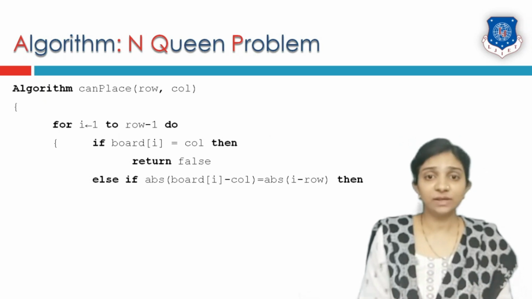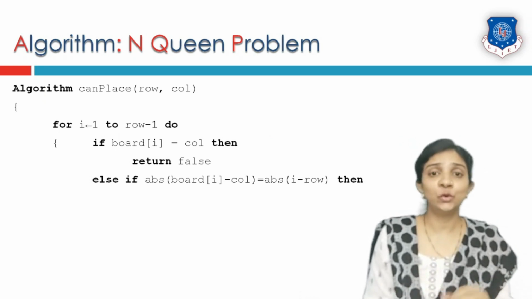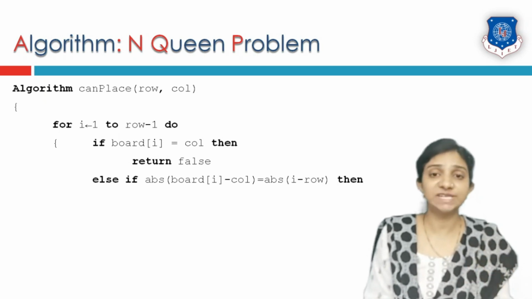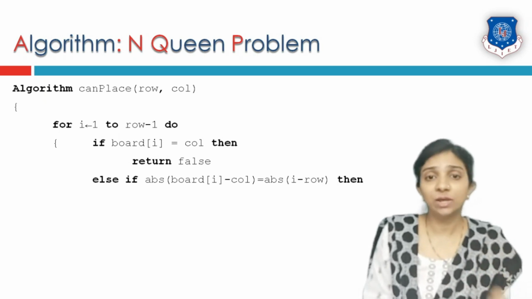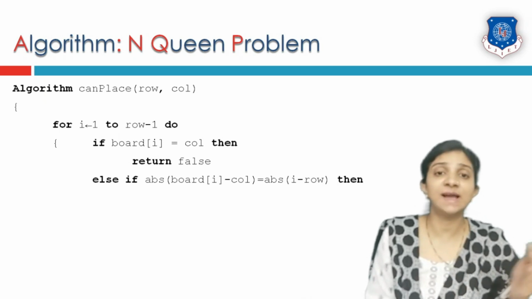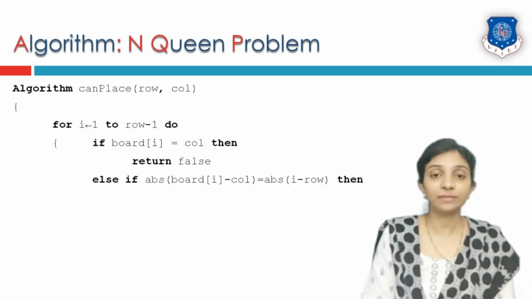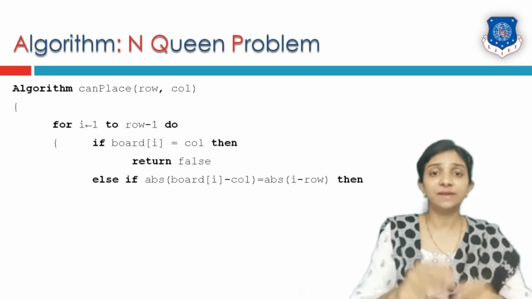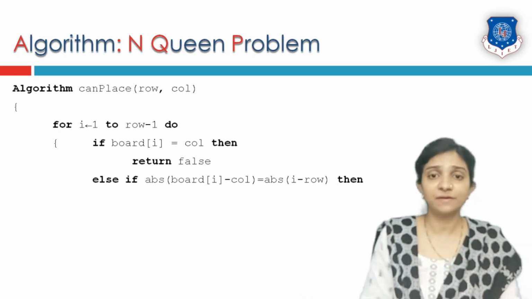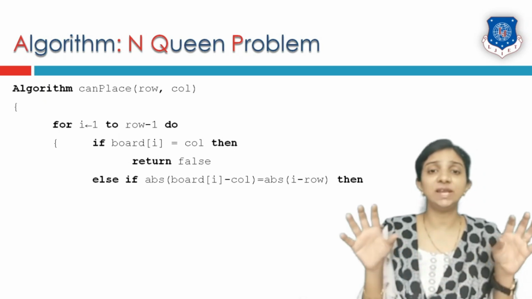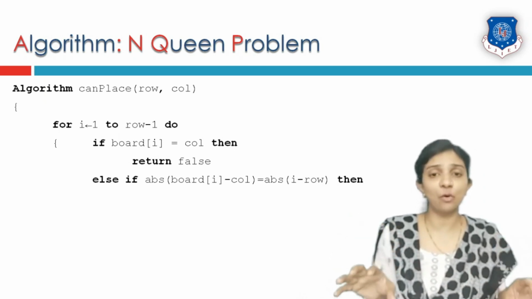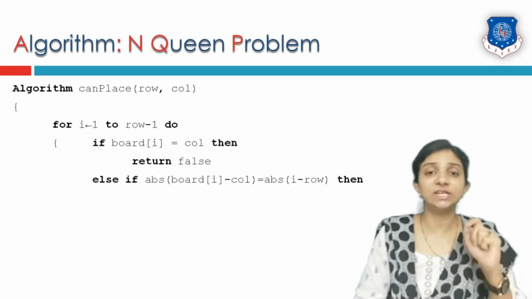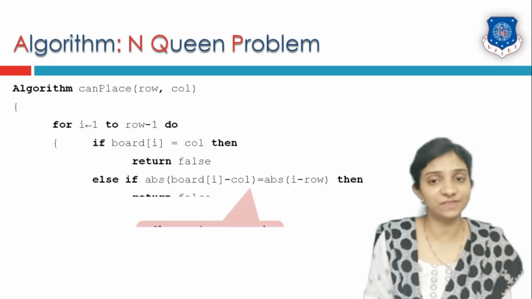If that is not the case, that means no queen is placed in the same column, then we have to check whether there is any queen placed on the same diagonal or not. If two cells are on a diagonal of each other, they fit the formula that the absolute difference between the rows of the two cells is equal to the absolute difference between the columns of the cells.